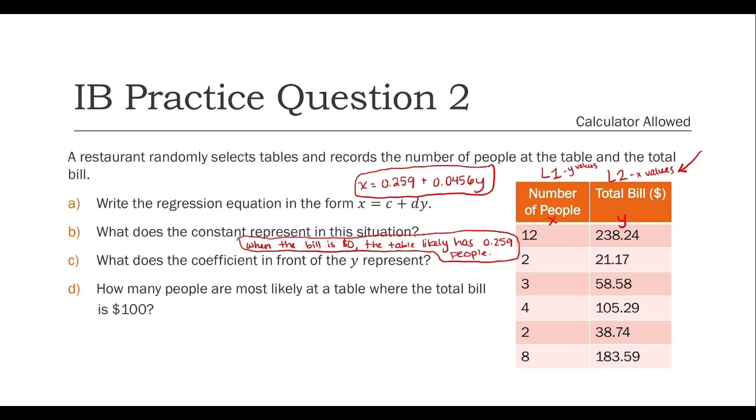So part C says, what does the coefficient in front of the y represent? So the number in front of the y is change in x over change in y. So change in number of people over change in dollars. So this means that for every 0.0456 people, the total bill goes up $1.